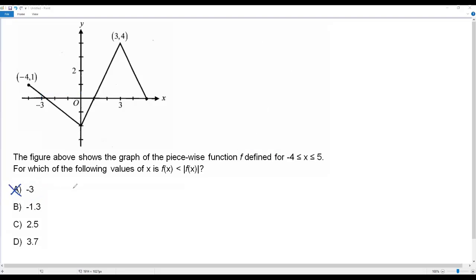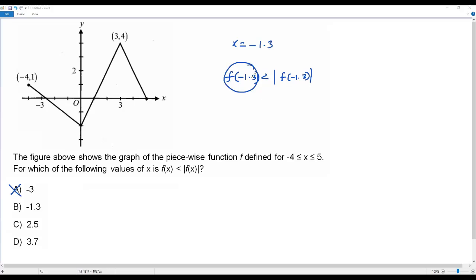Now let me consider the value of x in answer choice B, that is x equals -1.3. I have to plug this x value -1.3 into the inequality, that is f of -1.3 less than absolute value of f of -1.3.